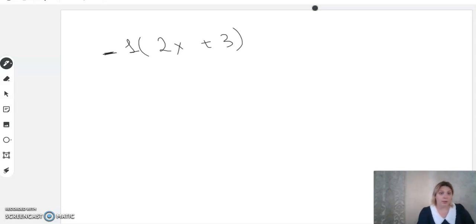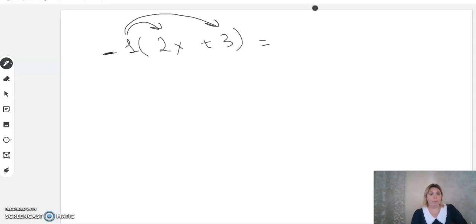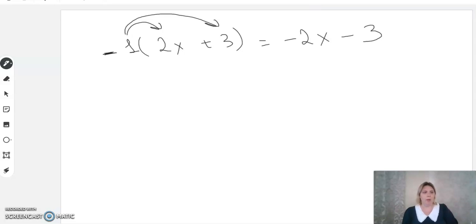And then you're going to do, okay, minus 1 times the first term, minus 1 times the second term, and that's going to give you minus 2x minus 3. So you can think of it as changing the sign of everything inside if it's a minus, or you can think of it as a FOIL. Whichever way works for you, it's all fine.